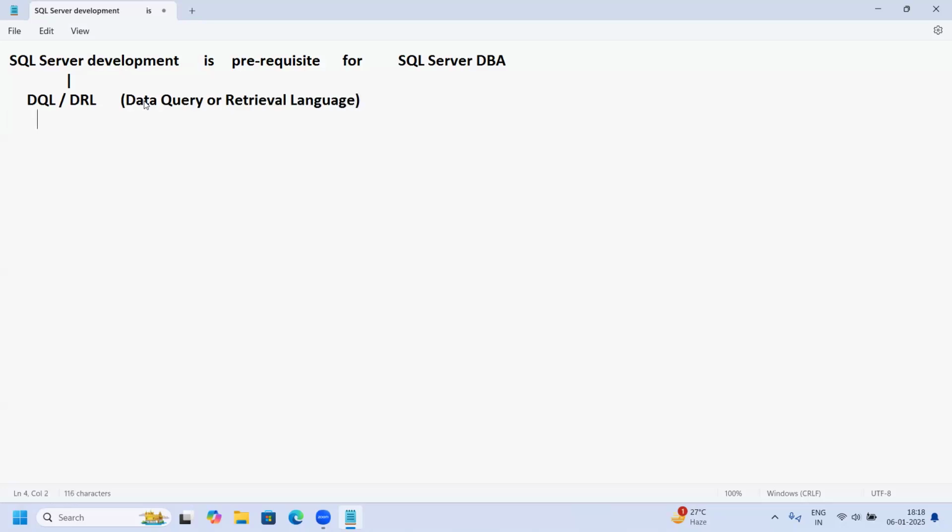Especially in this, you should know about joins, operators, and some topics called functions, and subqueries. Basics, at least, you should know compulsorily this part.